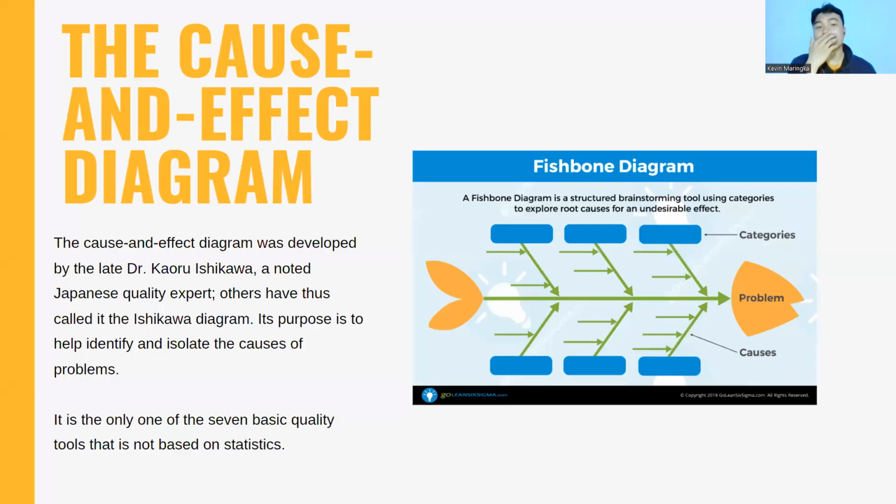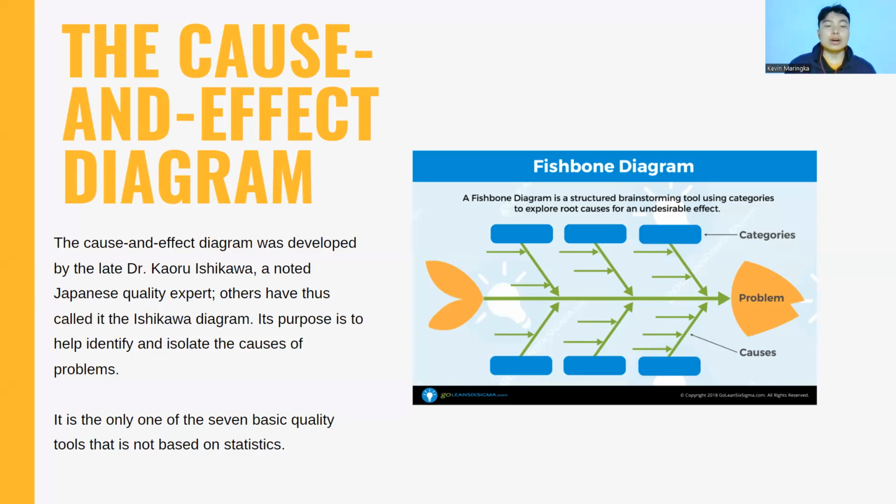The next one is the cause and effect diagram, also known as the fishbone diagram. The cause and effect diagram was developed by the late Dr. Kaoru Ishikawa, a noted Japanese quality expert. Others have thus called it the Ishikawa diagram. Its purpose is to help identify and isolate the cause of quality problems.